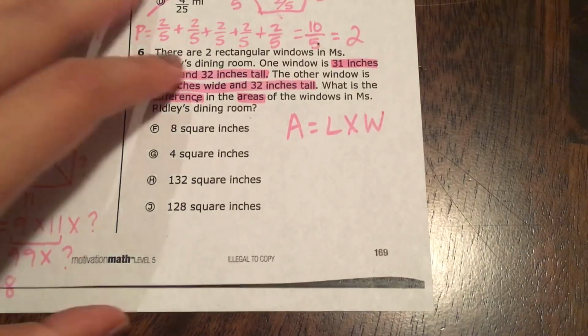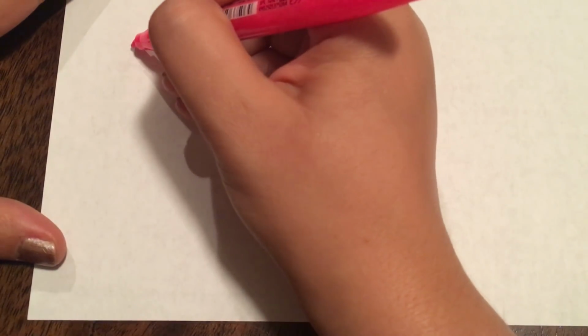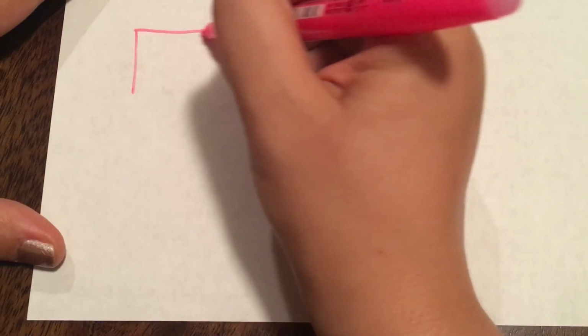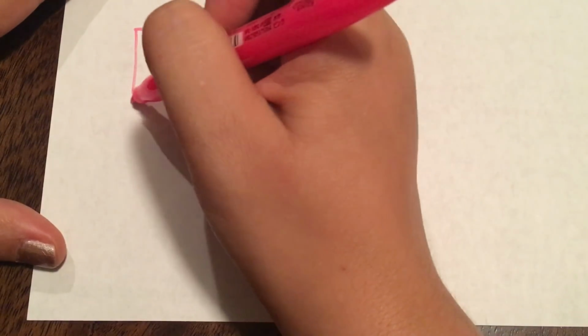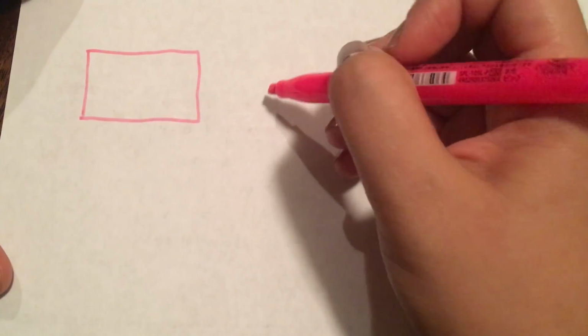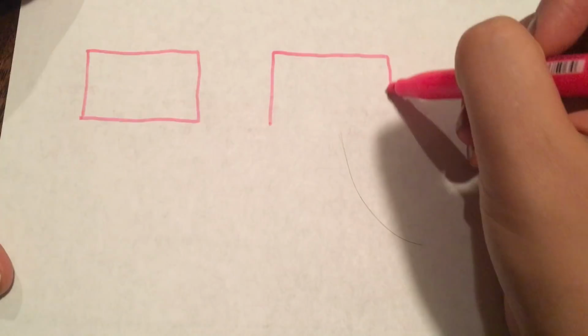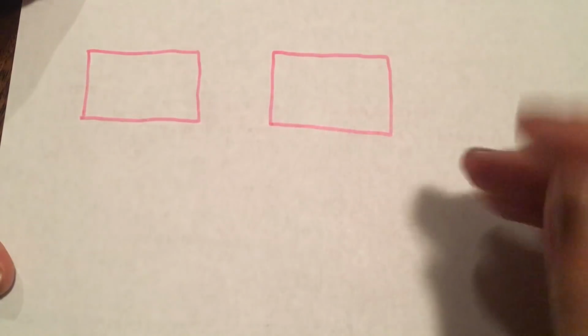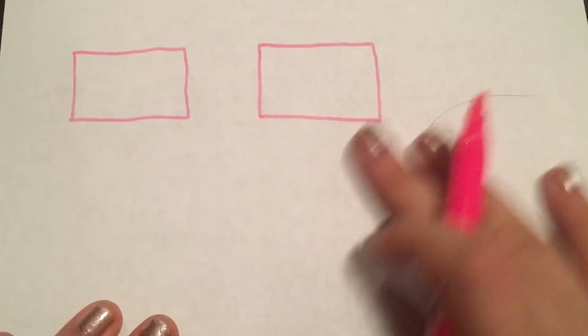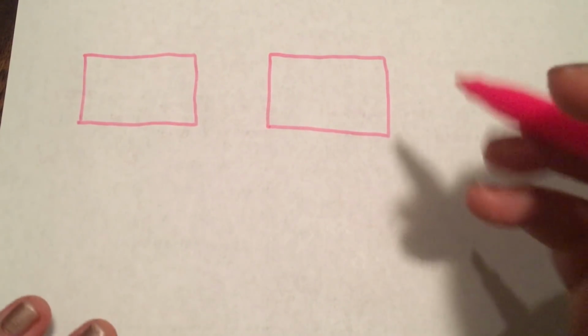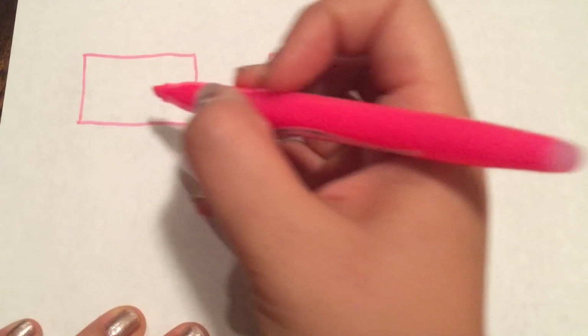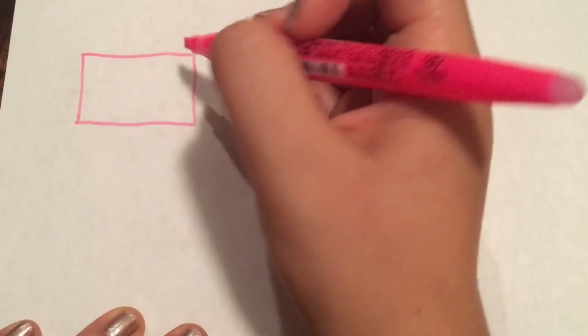I'm going to draw myself a picture in the back. Let's start with the first one. This is the first window, and then this is going to be the second window. The first window is 31 by 32.